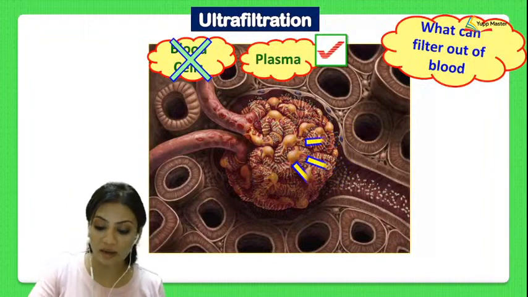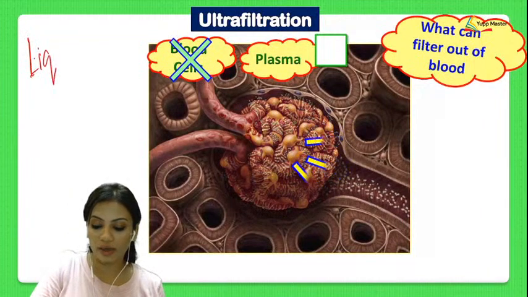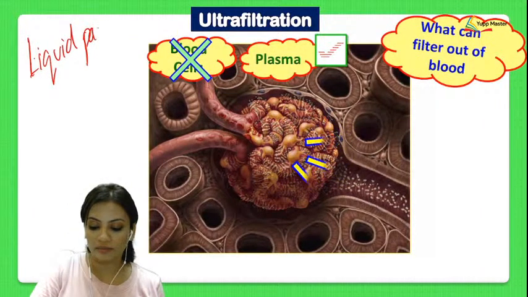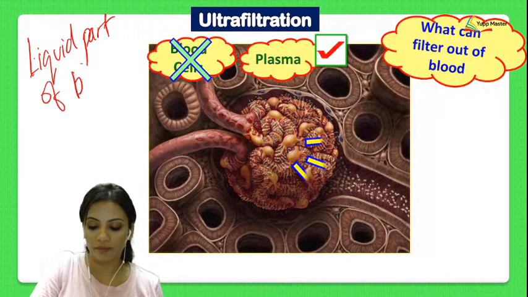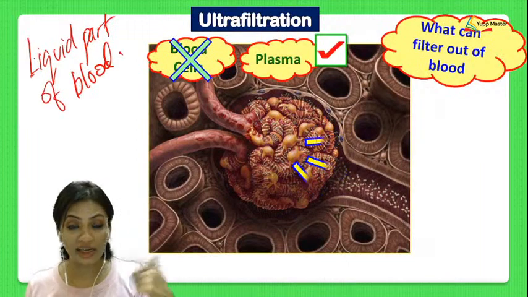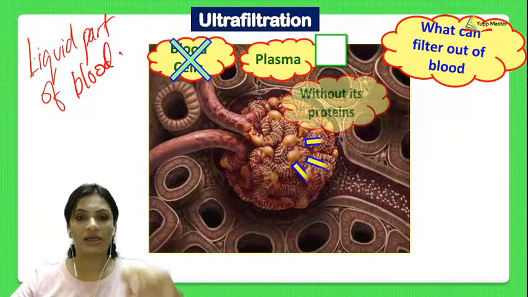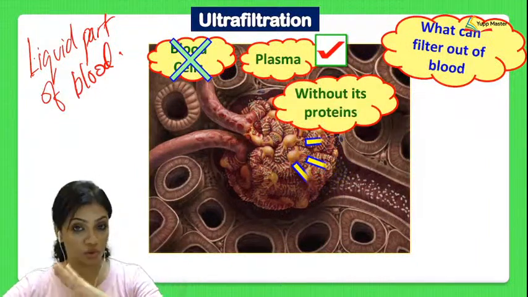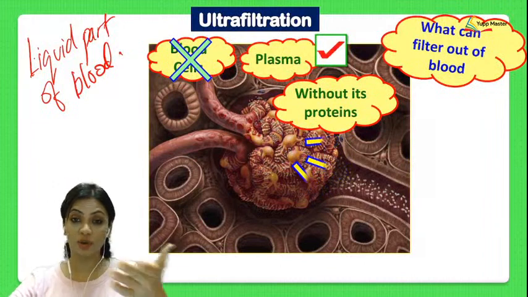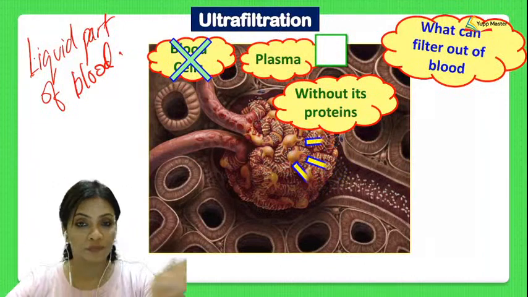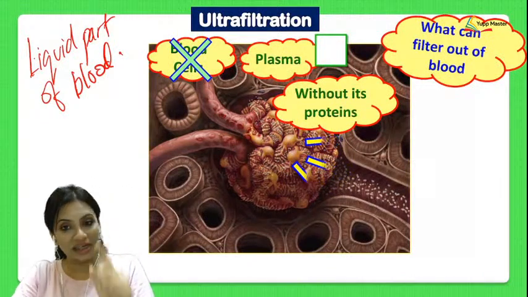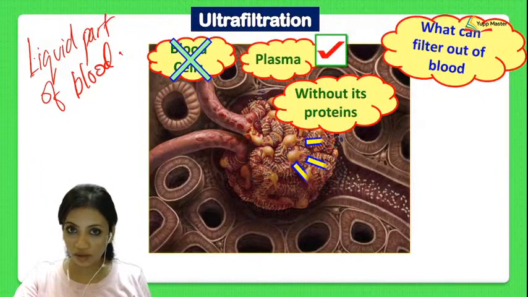What is plasma? Plasma is the liquid part of blood. So, does the liquid part of blood filter out? Yes, it does. So, plasma filters out. Do proteins filter out? No. Do you want to be losing proteins through your urine? Not at all. Because we need proteins, they're not going to be filtering out.